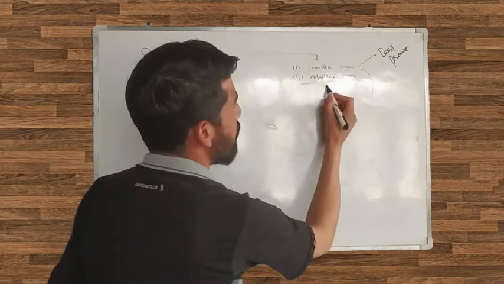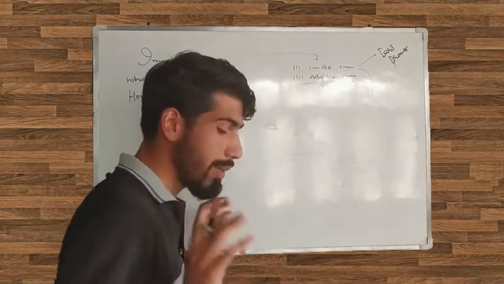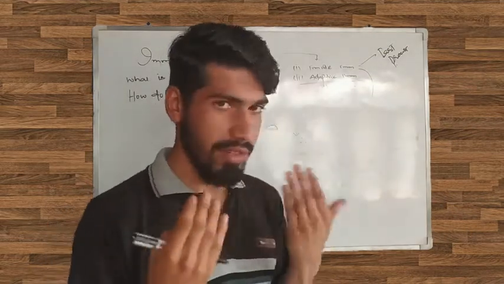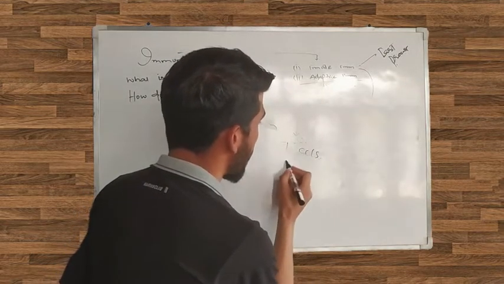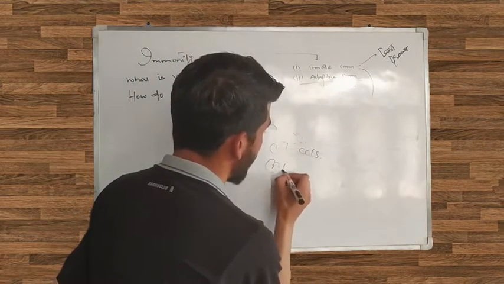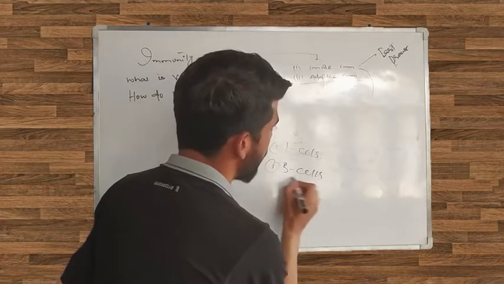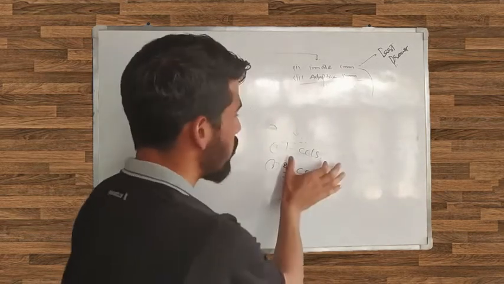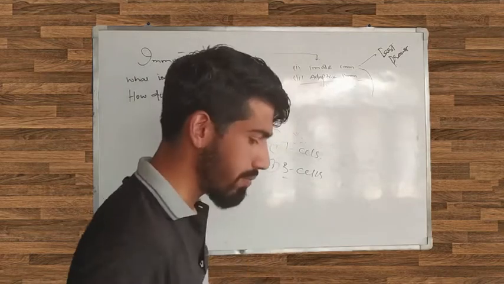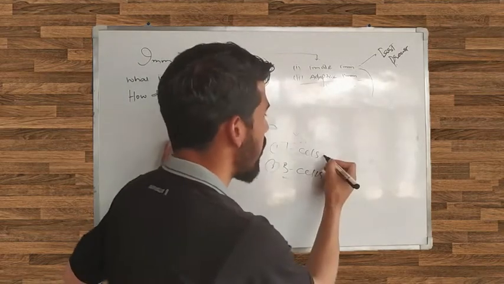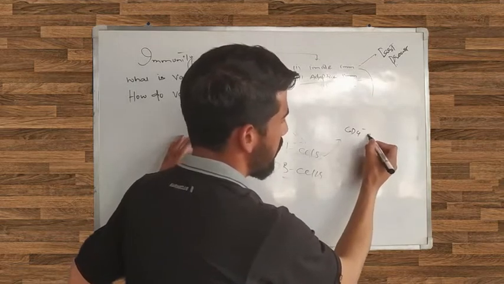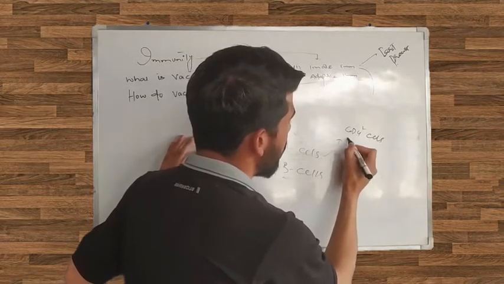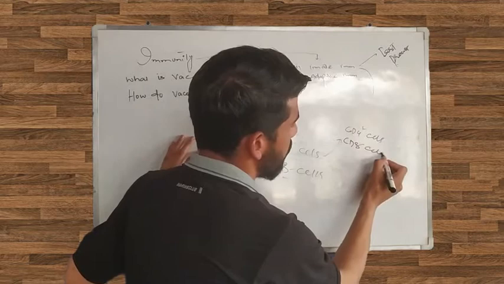So in adaptive immunity, there are T cells and B cells. What is the job of the T cells and B cells? In T cells, there are also two types: CD4 cells and CD8 cells.